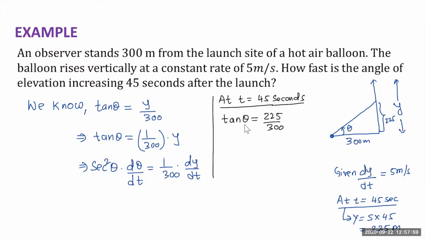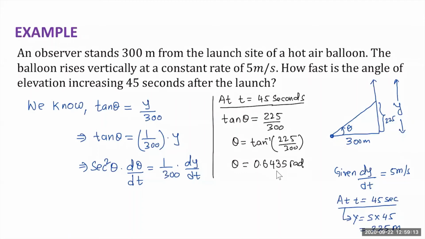So theta will be equal to tangent inverse of 225 over 300. If we simplify this using a calculator, which must be in radian mode, your angle should be 0.6435 radian.